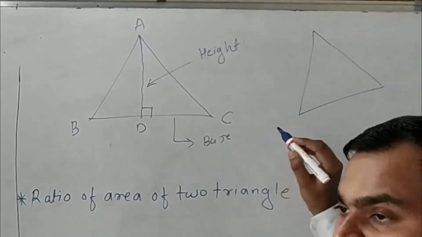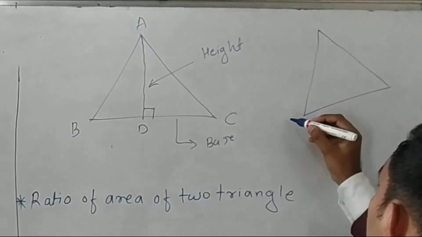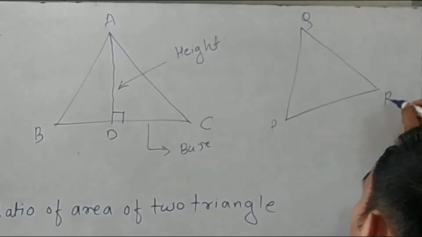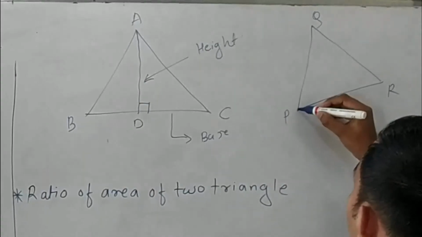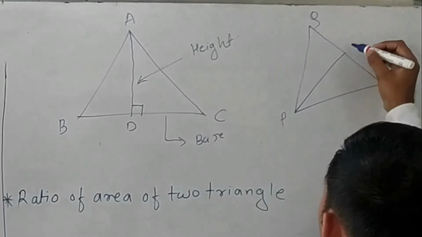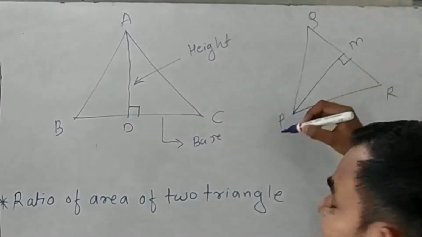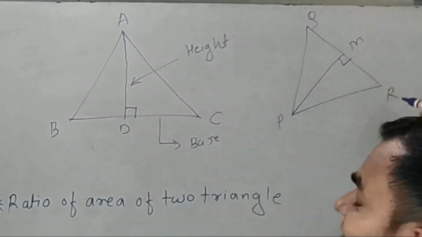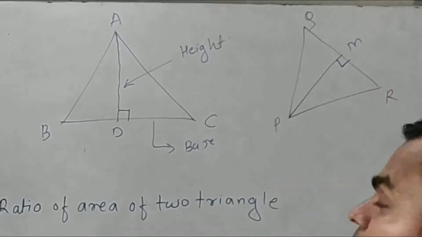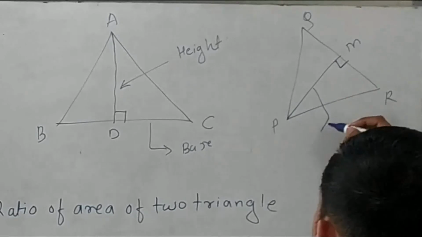To understand, suppose we take a triangle PQR. In this, altitude PM is the height and QR is the base. Through this sign, we will come to know that this is the height.